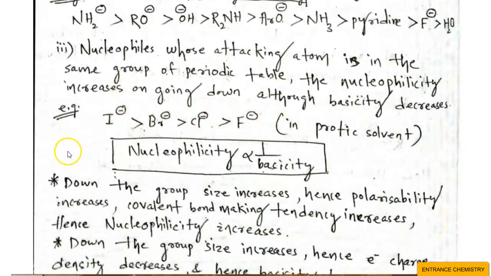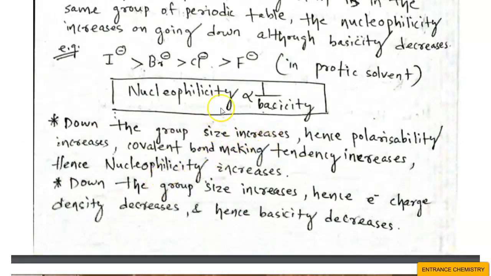Then nucleophiles whose attacking atom is in the same group of the periodic table. Then what will happen? Nucleophilicity is inversely proportional to basicity. Why? Down the group, size increases, as we see from F minus to I minus. The size continuously increases. What will happen? The polarizability will also increase, so the covalent bond making tendency will also increase.